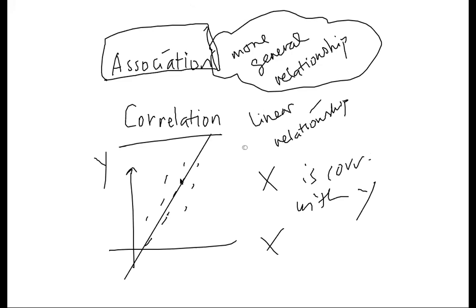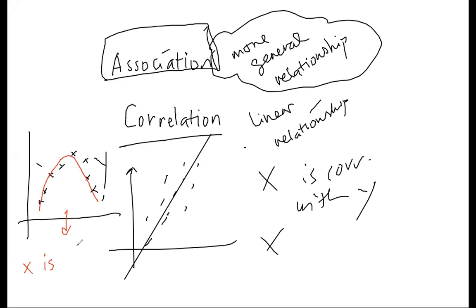If your relationship is not linear, let's say you have something like this, where the relationship is quadratic, again we would say that X is associated with Y. Perhaps we will say non-linearly. So association is just saying that there's a relationship, but it's a more general thing, whereas correlation usually implies linearity.